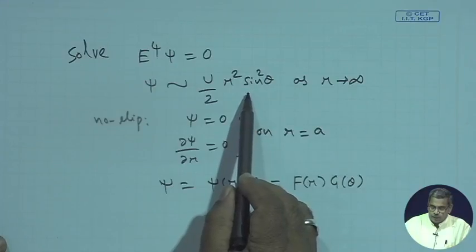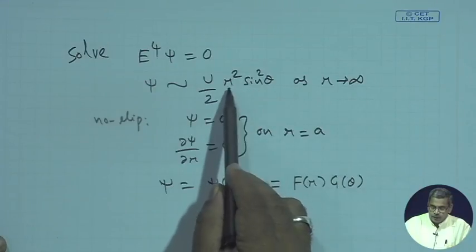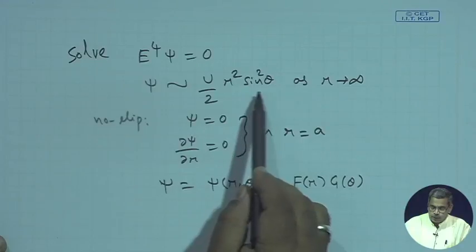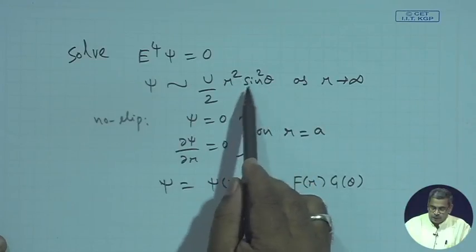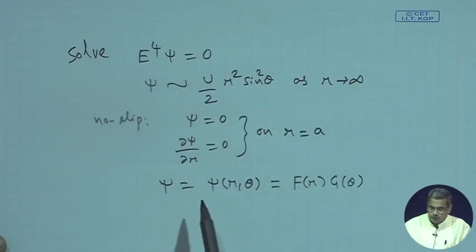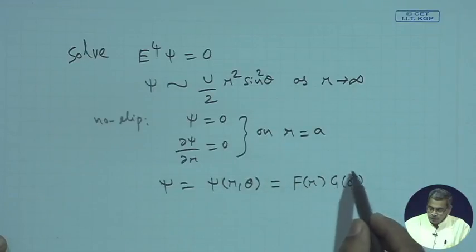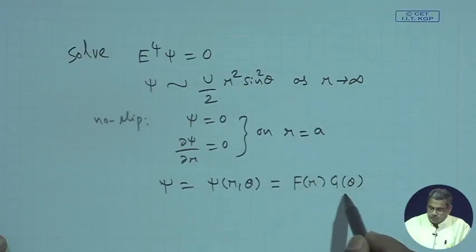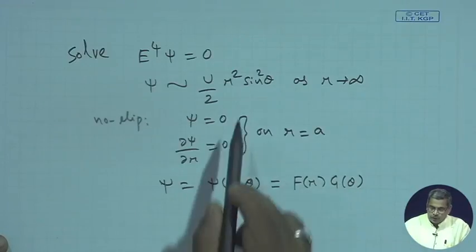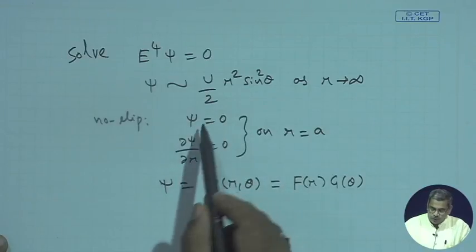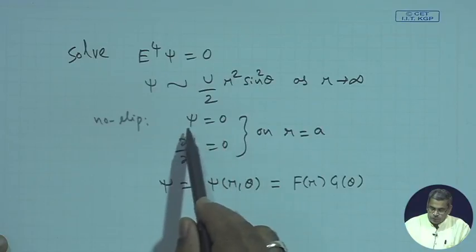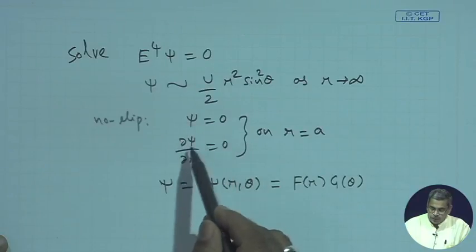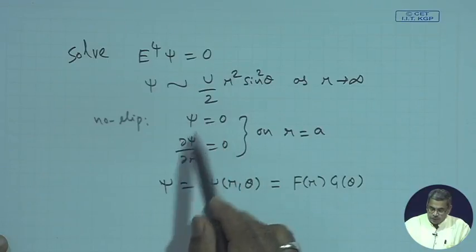The functional form of the far field behavior is r squared times sin squared theta. In particular, the functional form in theta is sin squared theta, which means any other functional form in theta does not contribute, because we have homogeneous boundary conditions. So once you force this, you will get a simple algebraic system.